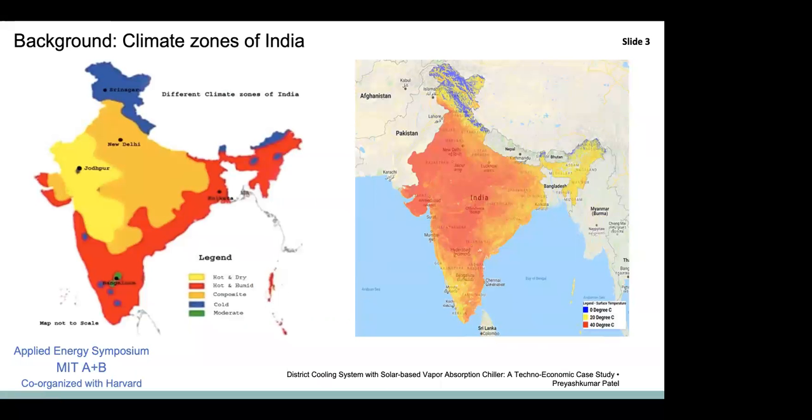Beginning with the background, there are certain countries like India where weather conditions vary from location to location. As you can see on the map on the left hand side, in India, the weather differs from hot and dry, hot and humid conditions to cold conditions. The majority of India has hot and dry and humid weather conditions where temperature reaches 40 degrees centigrade in peak summer.